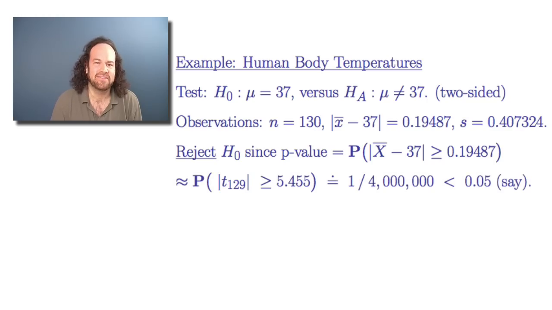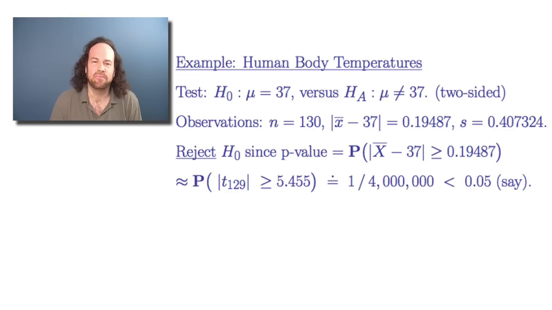And we said, well, remember when we rewrote and divided things, we converted it to something involving a t-distribution with 129 degrees of freedom. And we said it works out to be the same as the probability that that is bigger than 5.455. And again, we computed that was extremely small, like 1 chance in 4 million, which was much less than a typical significance level like 0.05. So we rejected that and we said, no, the normal human body temperature is not equal to 37 degrees Celsius.